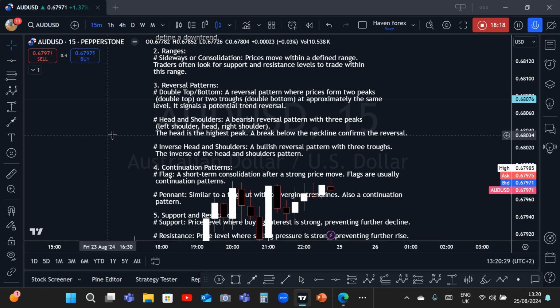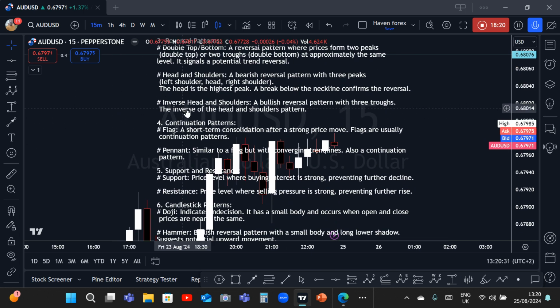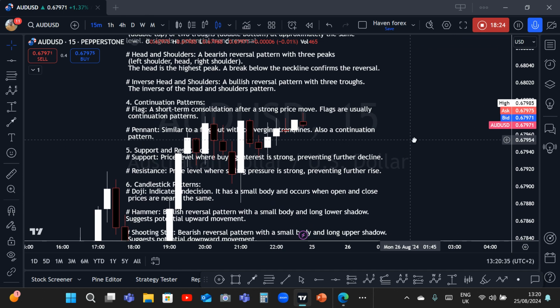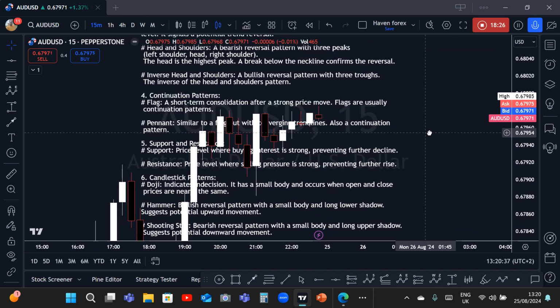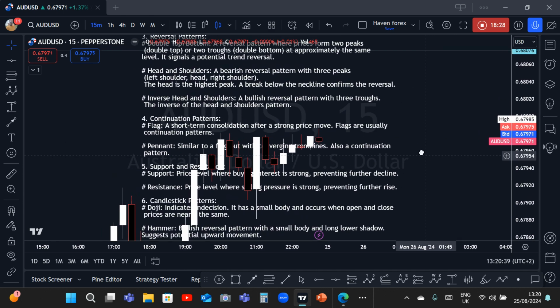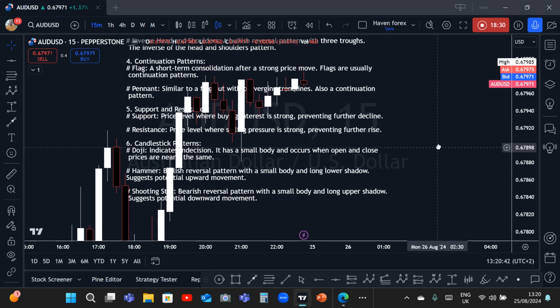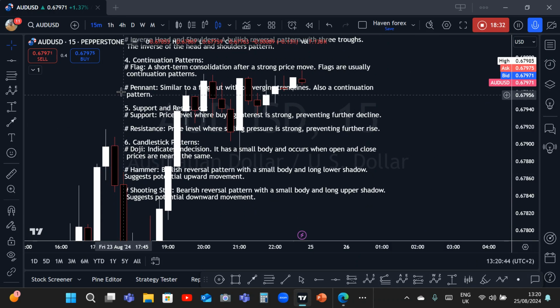Then another thing is the inverse head and shoulders, a bullish reversal pattern with three troughs, the inverse of the head and shoulders pattern, like I just drew. Continuation pattern: flag.